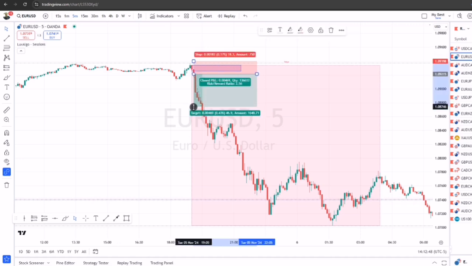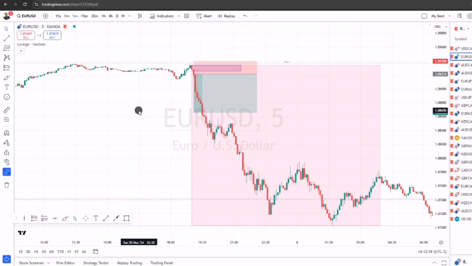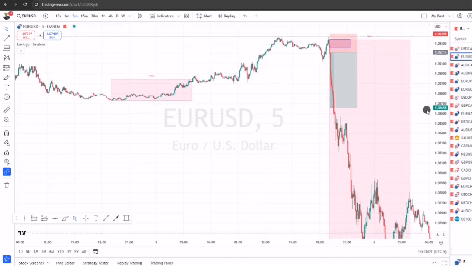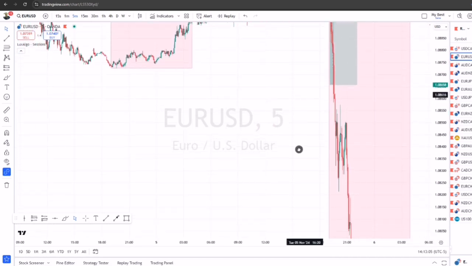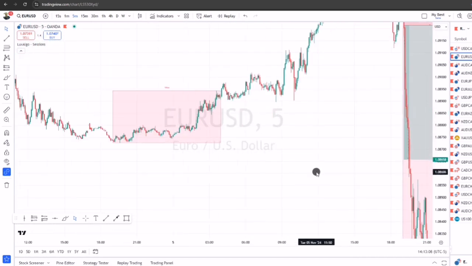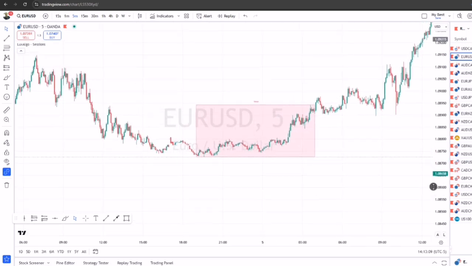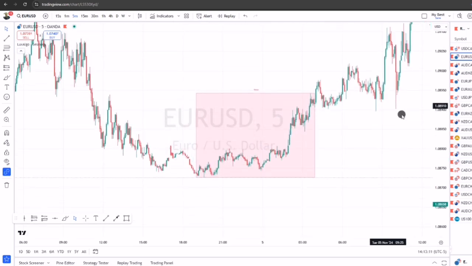It's very safe to target a 2.5, but you can target a 1 to 3. So I'll go for the 1 to 3. This is how you do it. Very easy. If you like complicated strategies, you can go for the complicated strategies, but I like to keep it simple.